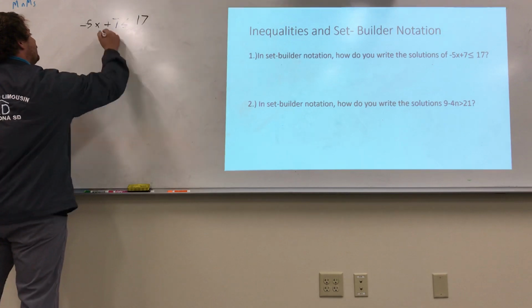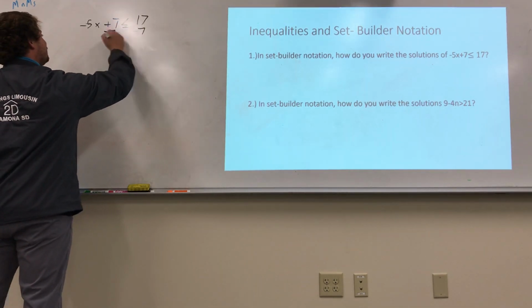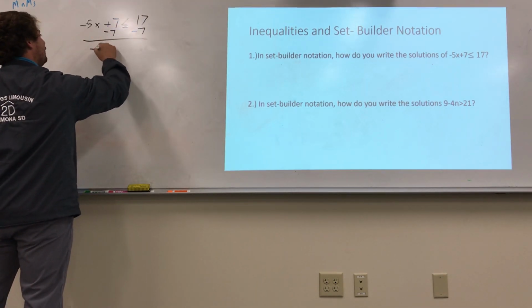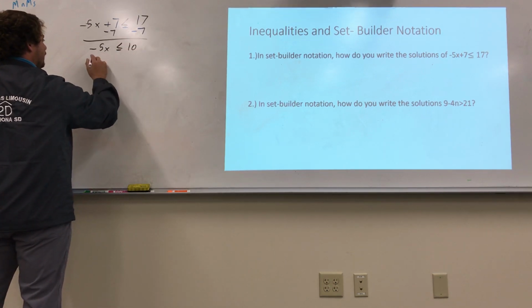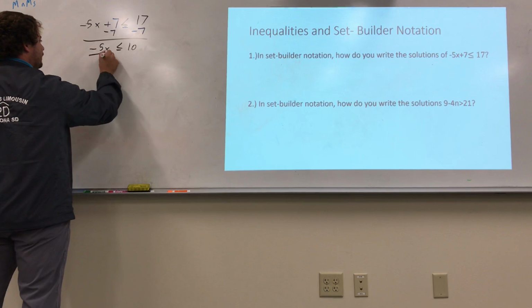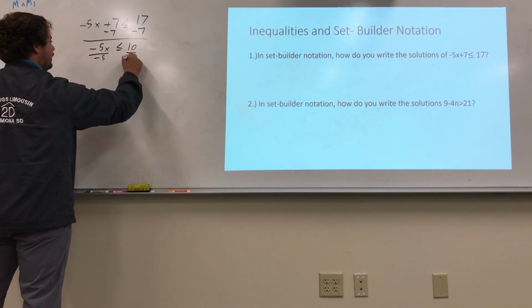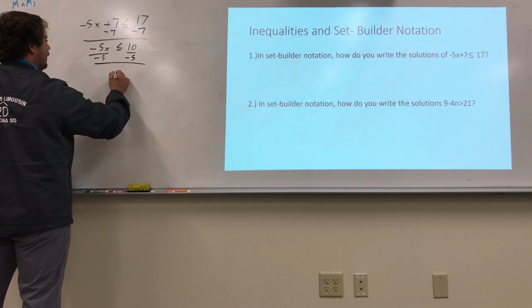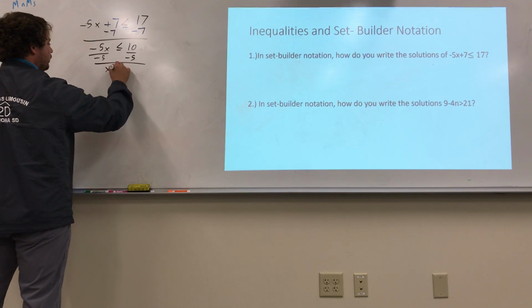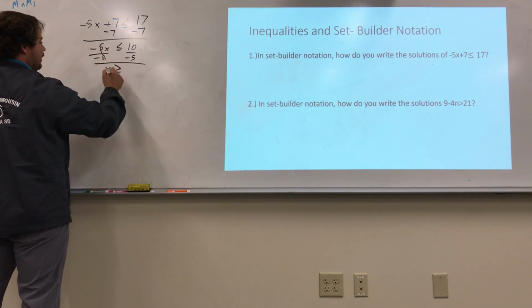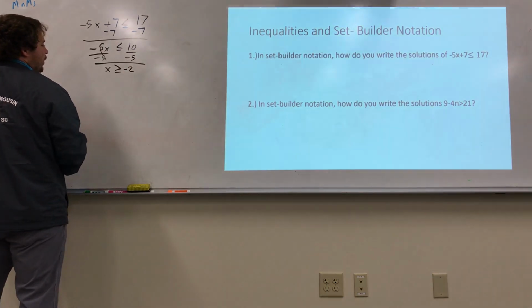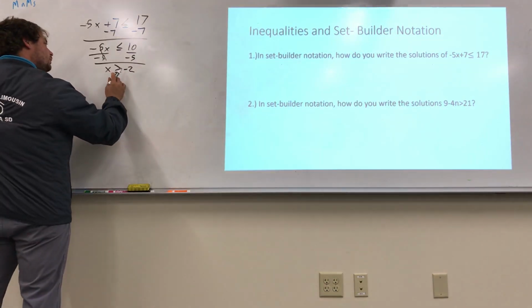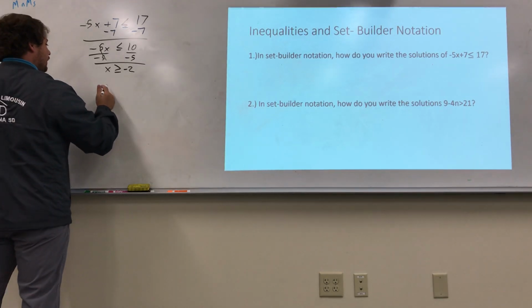I'm going to subtract 7, I get negative 5x is less than or equal to 10. I've got to get rid of this negative 5, so I'm going to divide by negative 5. When I divide by a negative number, I have to flip the sign. These cancel out, just leaving me an x. This is going to give me negative 2. So x is greater than or equal to negative 2.